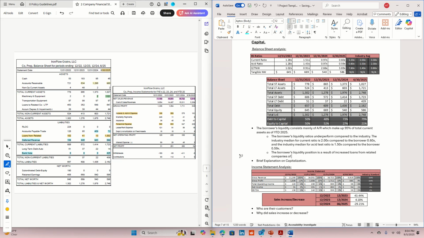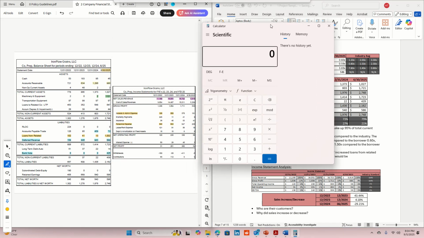companies of $1 million. If removed, current ratio would be, so if we take out $1.2 million, right? We can run this real quick. We take out 1.2 mil, or 1 million.